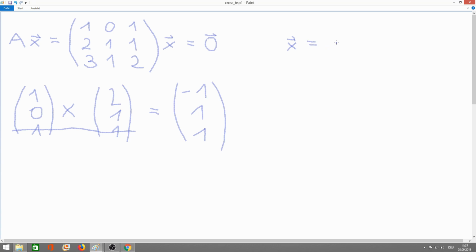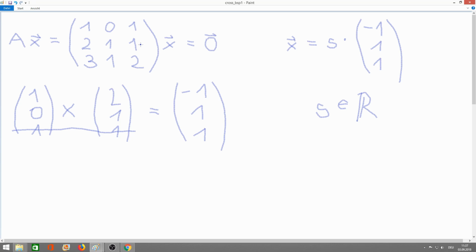So x equals s times (minus 1, 1, 1), where s is a real number. And this is the solution of the system.